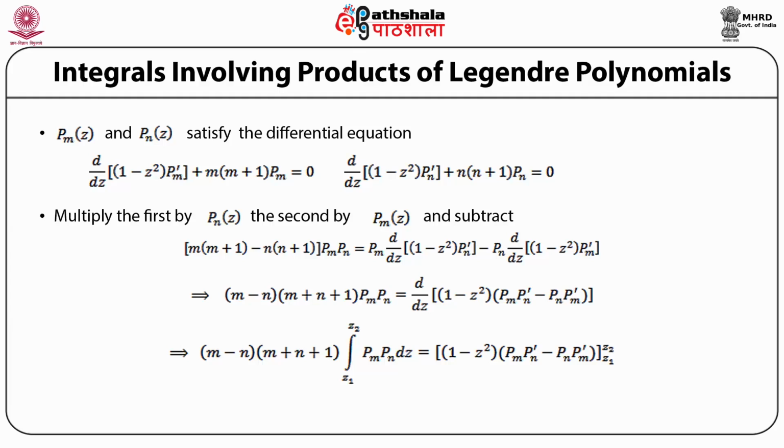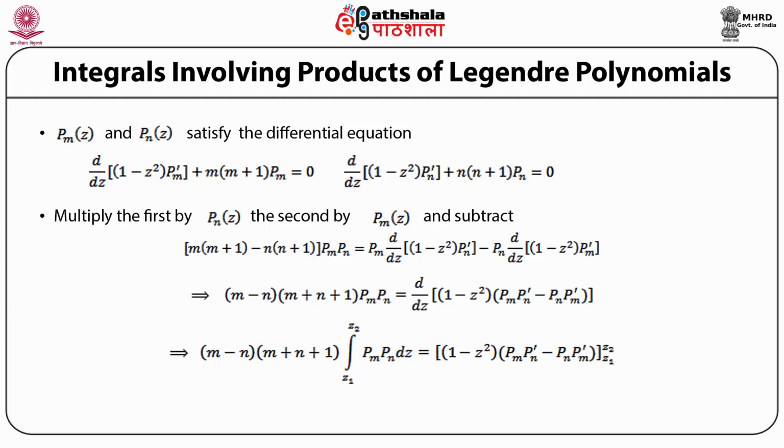So, we get [m(m plus 1) minus n(n plus 1)] Pm Pn equal to Pm times d/dz of (1 minus z²) Pn′ minus Pn times d/dz of (1 minus z²) Pm′, or I can write it as (m minus n)(m plus n plus 1) Pm Pn equal to d/dz of (1 minus z²)(Pm Pn′ minus Pn Pm′).